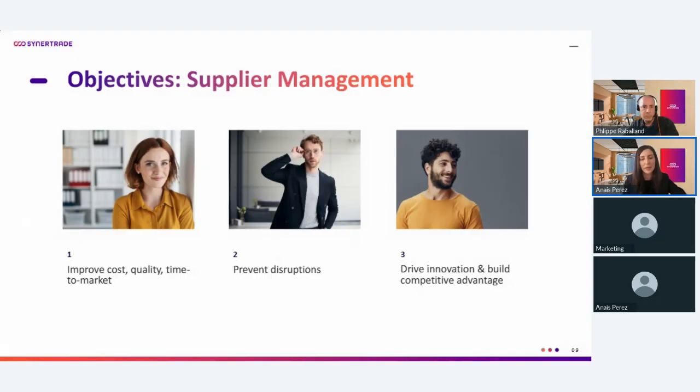Depending a lot on the supplier segmentation and the categories that you manage, the focus on either of these KPIs is going to be very different, but in any case, you will impact a lot of departments in the company, such as finance. In any case, when you manage the cost, you will impact the finance department.